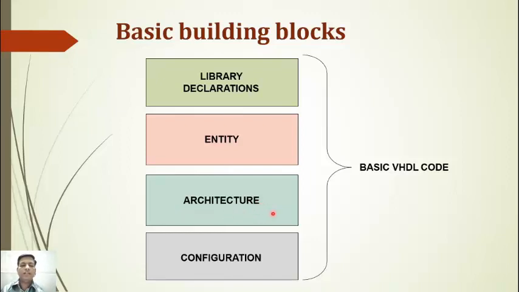of architecture. There are 4 types of modeling. In that, first, behavioral modeling, second structural modeling, third data flow modeling, and fourth mixed type of modeling. So these are the 4 types of modeling.